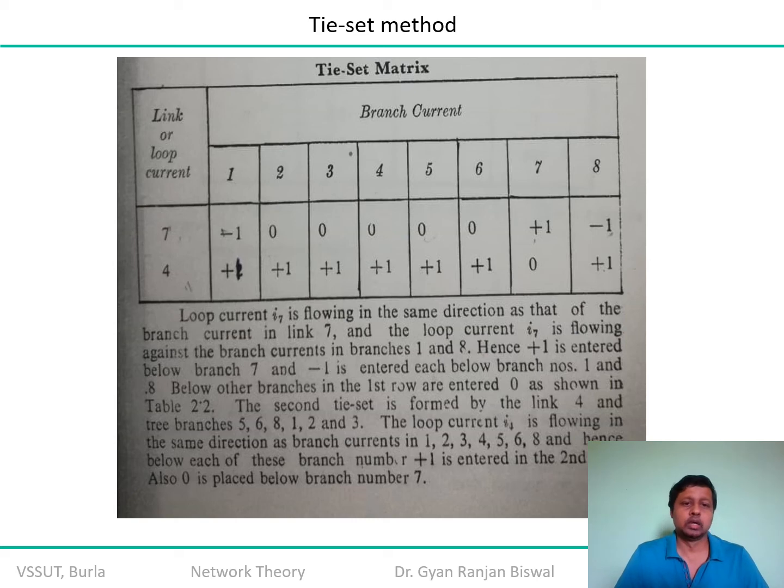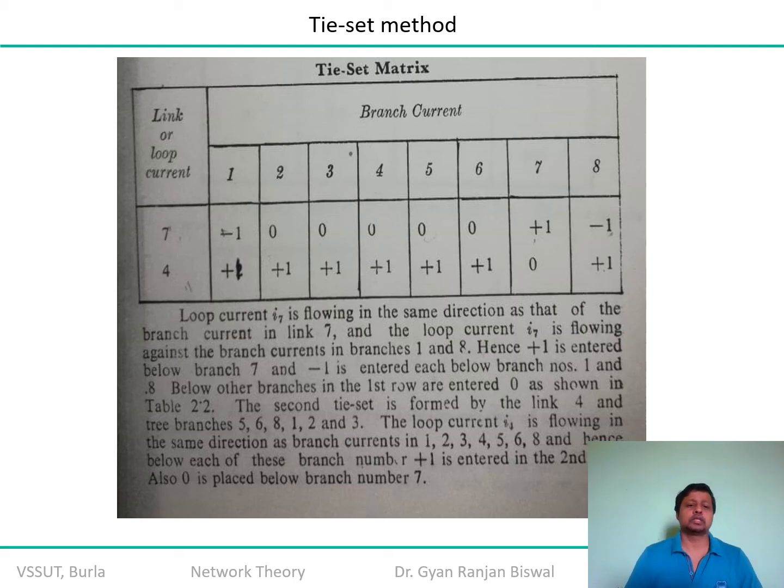So you can horizontally arrange on the x-axis the branches 1, 2, 3, 4, 5, 6, 7, 8, whereas the links that participate in writing your loop equations or loop currents you can consider on the vertical axis, that is 4 and 7. In this demonstration it is mentioned 7 or 4, it doesn't matter.